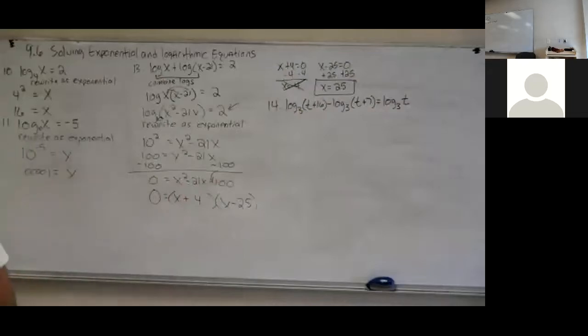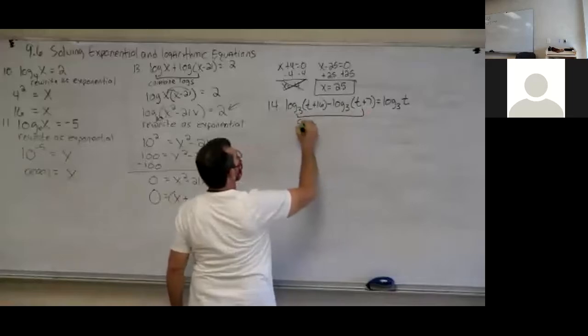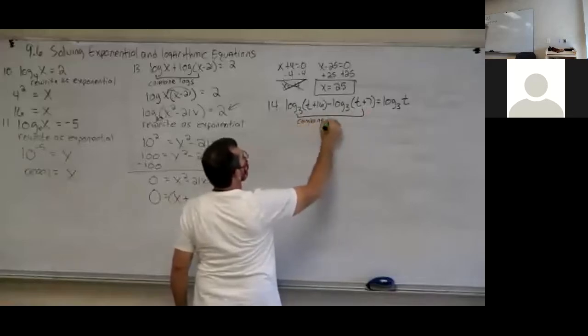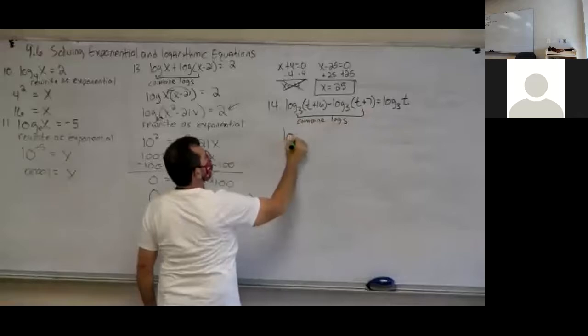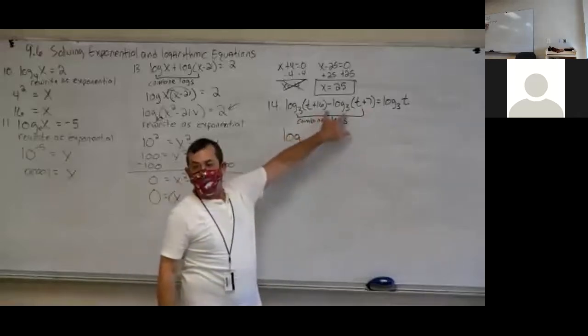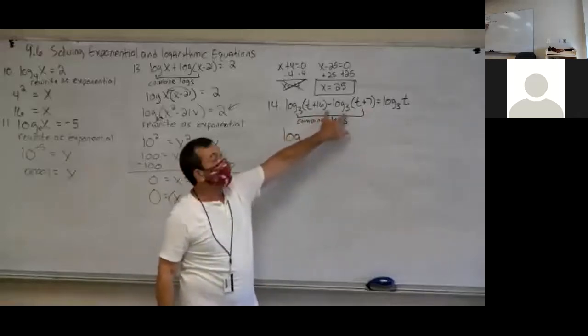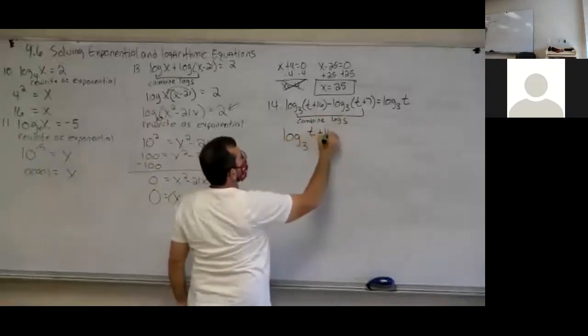All right, we got 2 logs on the left side. We're going to combine these into one log. So they'll both be log base 3. Since this is being subtracted, we're going to write it as a quotient. Positive part's on top, which is t plus 16.